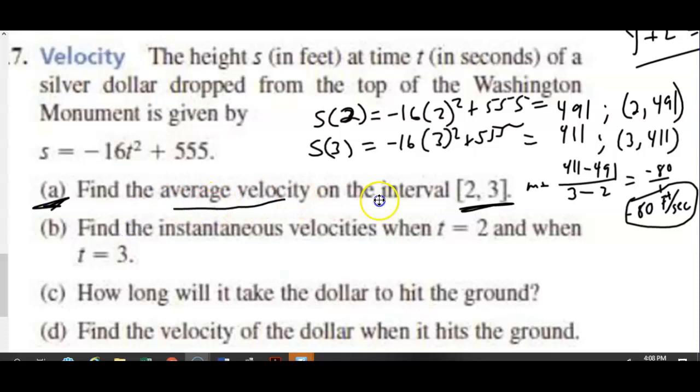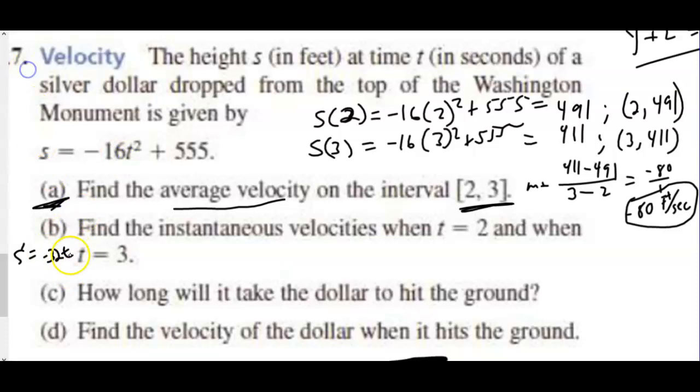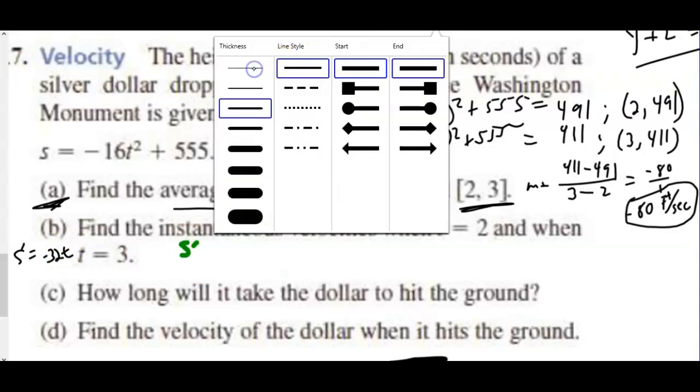Then part 2 says find the instantaneous when t equals 2, and t is 3. So for the instantaneous, I have to take the derivative of this. So S prime equals negative 32t. Now that we have a derivative, we have to find S prime of 2.